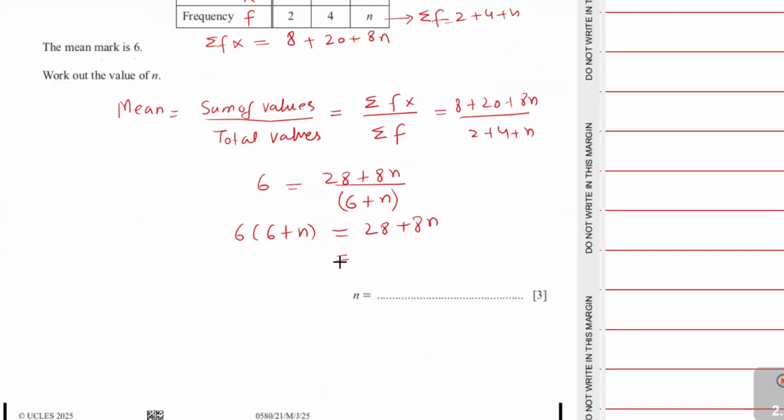And we can simplify this. 6 times 6 is 36, and plus 6n, this is 28 plus 8n, and we will shift 6n from left to right side.